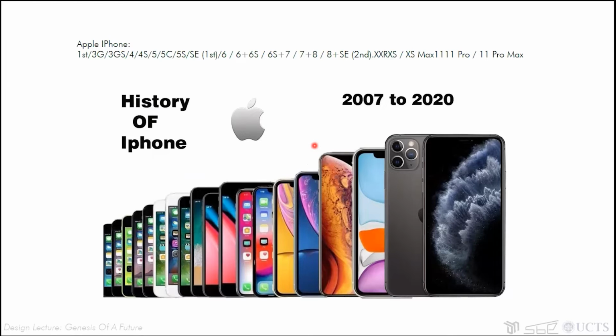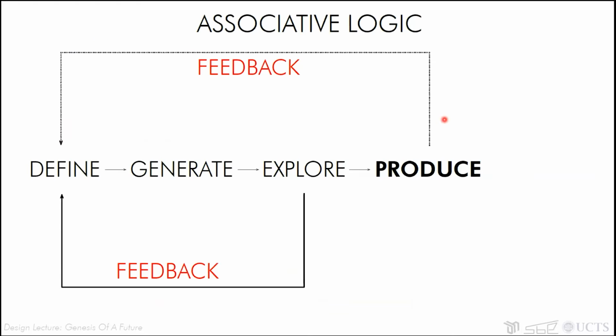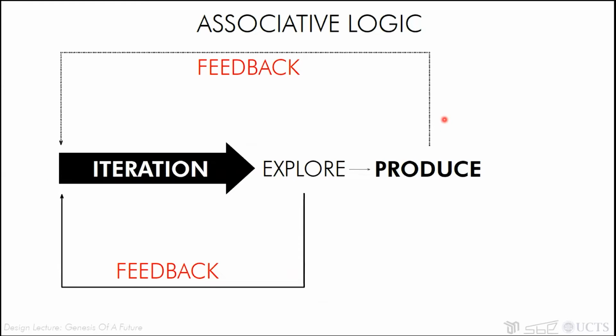It is literally that each generation is better than the previous generation. So in other words, one previous generation, they will take the next generation's data and come back and make the next one. And so goes the loop on and on and on till whenever you want to stop it. It doesn't matter. So that is the concept of establishing this feedback loop. And this is what associative logic is about. Yeah. So we call them iteration.